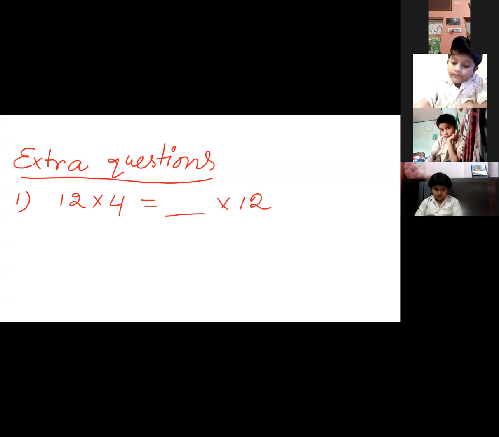Fill in the blanks, okay? Next one, 36 into 6 is equal to 6 into dash. That's a third one.